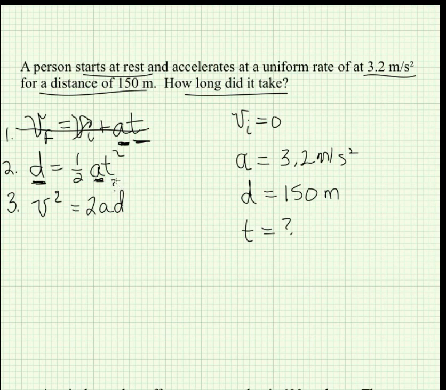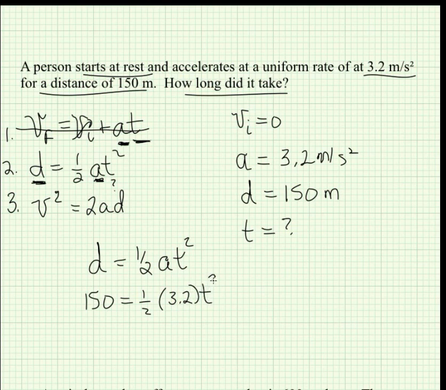So this is going to be perfect because I have the one unknown. So we're going to use our distance equation again. So I have 1/2 times acceleration times t squared. All right, our distance was 150 meters. That equals 1/2 times my acceleration, and my acceleration was 3.2 times time squared.